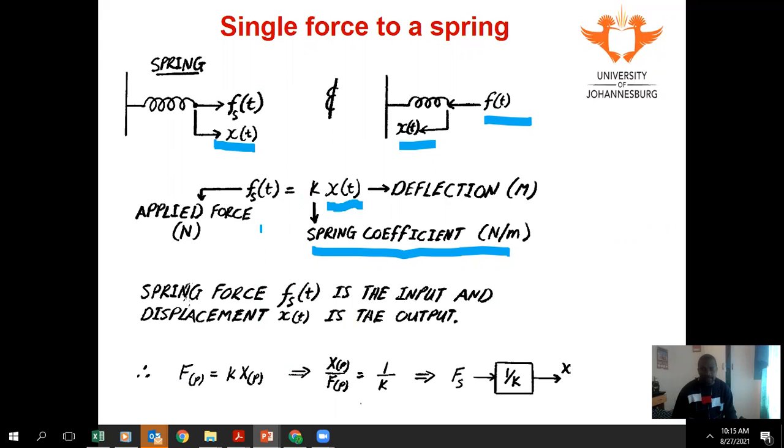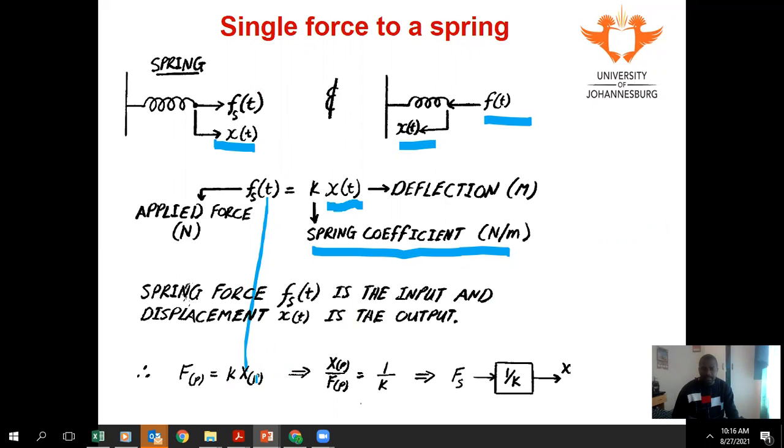So if we have to change the domain from t to p, this is what we have. Wherever there's t, you place p, making the equation F of p equals K times X of p. We take the reciprocal of this.